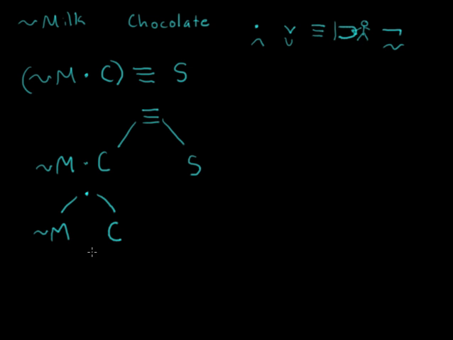Now, the not operator is the only exception to this little rule. We're still going to put our little not operator here, but we can just drop down our not operator, and we just put a line. And now we bring this letter down, and here's where milk, M, goes.